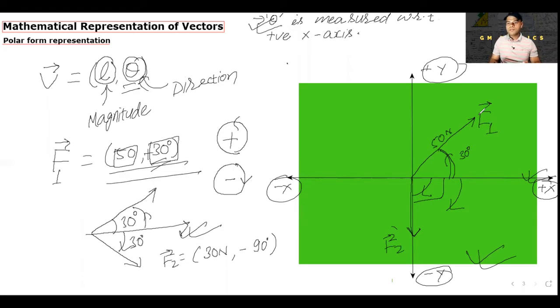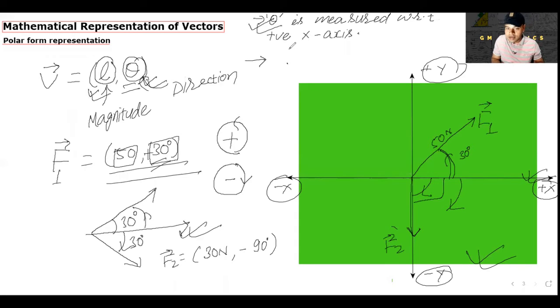So this is my F2 vector and this is my F1 vector. So in polar form representation, now you understand the first variable is for magnitude and the second variable is for direction. The direction variable has to be handled with care. It has to be measured with respect to positive x-axis only. And what is the sign convention?